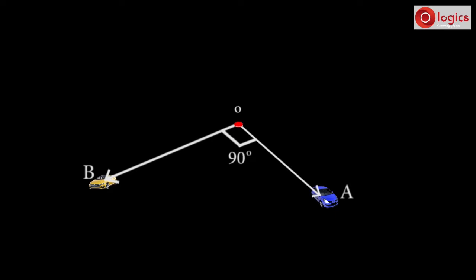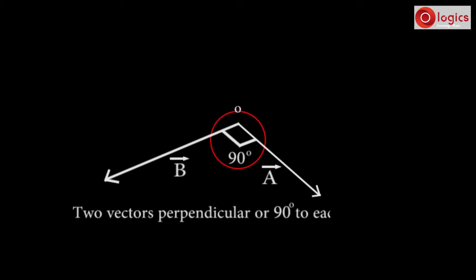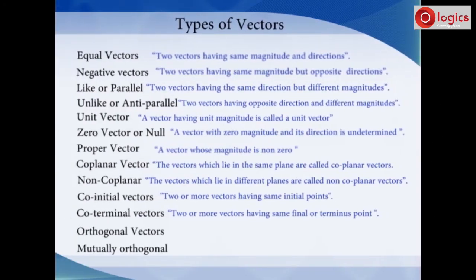Now these vehicles A and B are represented by vectors A bar and B bar, such that both vectors are perpendicular, or 90 degrees, to each other. Then, we can say A bar and B bar are orthogonal vectors. If two vectors are perpendicular to each other, then they are called orthogonal vectors.